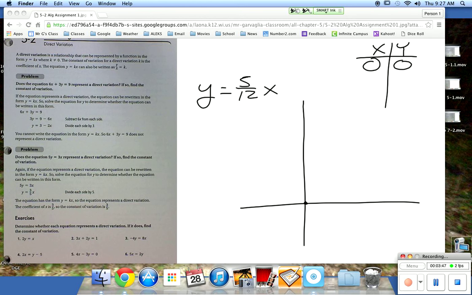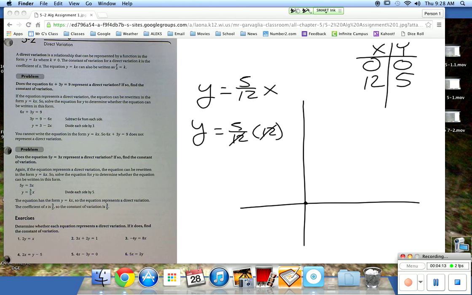Let's say, well, I'm going to use a bigger number here. I'm going to use 12. Why would I use 12 in this case? Because if I go y equals 5/12 times 12, what happens to my 12s? They cancel out, don't they? And it leaves me with a whole number 5.